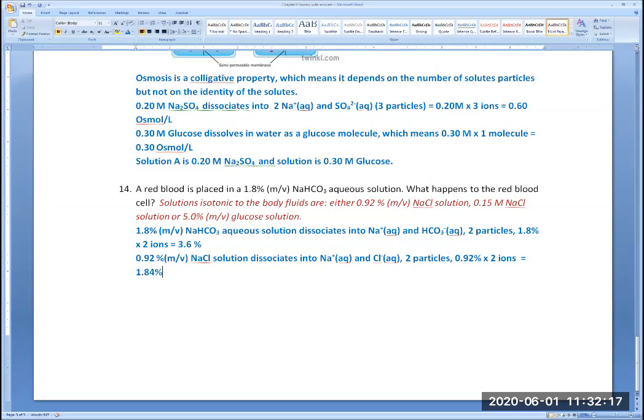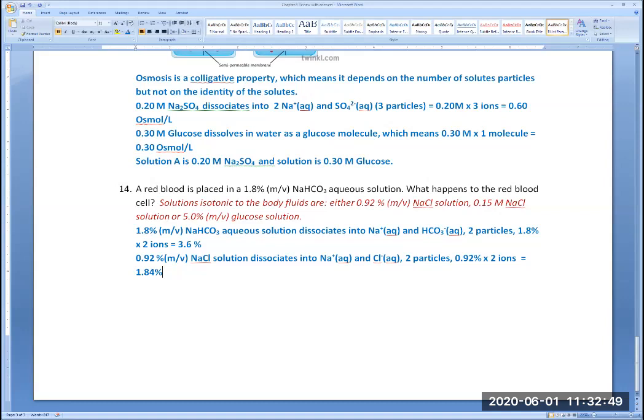So which one is more concentrated? Then it's the NaHCO3. There's more solute particles per volume. No, it's correct like that, right? So the more concentrated is the NaHCO3 solution, right?